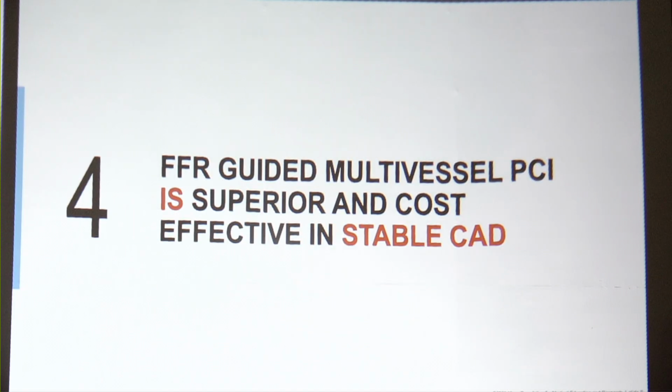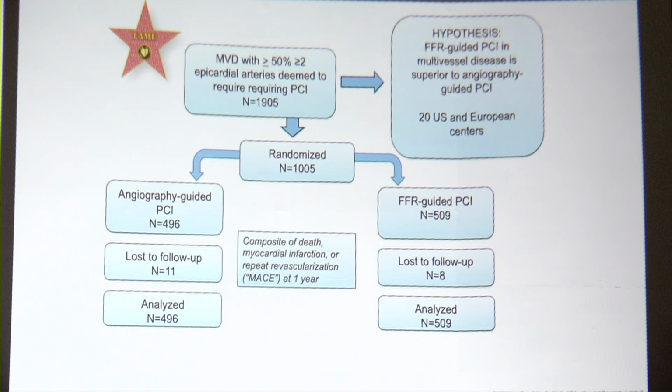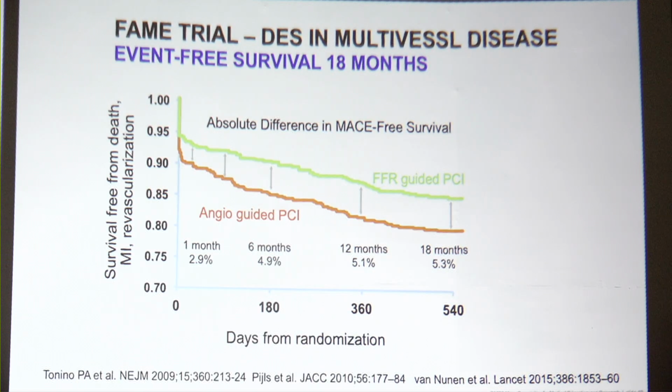Point number 4: FFR-guided multi-vessel PCI is superior and cost-effective. This is an area that people have strong feelings about, but there is data to support it from the FAME trial. The FAME trial was published many years ago, but was a landmark trial where just over 1,000 patients were randomized to FFR-guided versus angiography-guided PCI, and this was the outcome.